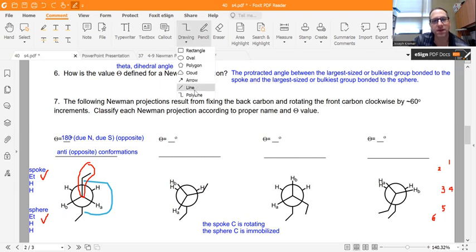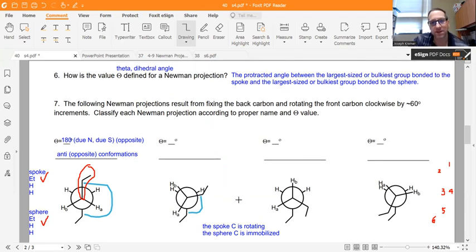Now let's protract from the biggest group on the spoke to the biggest group on the sphere. How much is that bond angle there? How much is that? Wouldn't you say it's over 90 degrees, right? It's greater than 90 degrees.